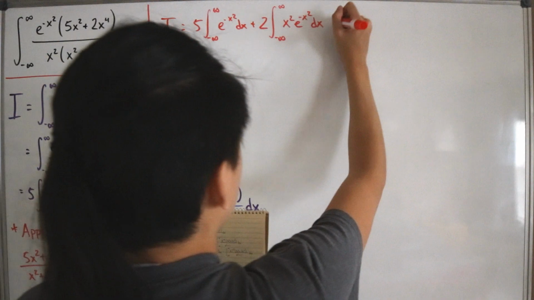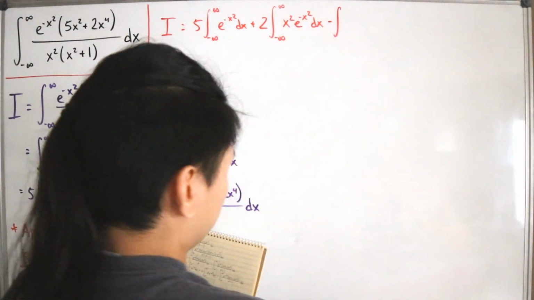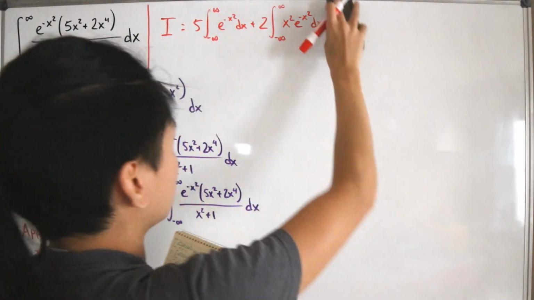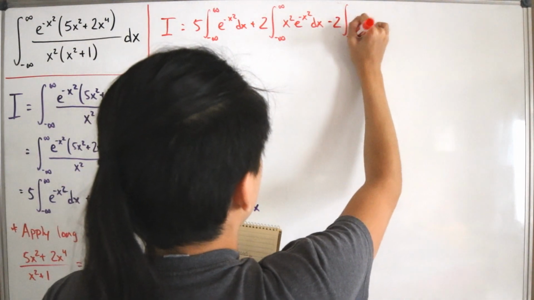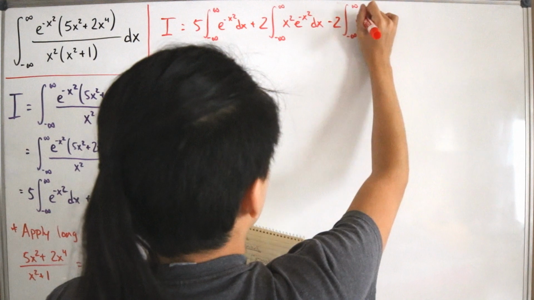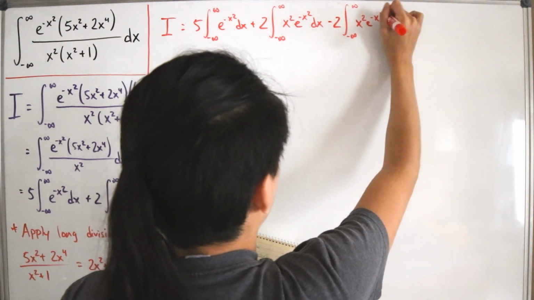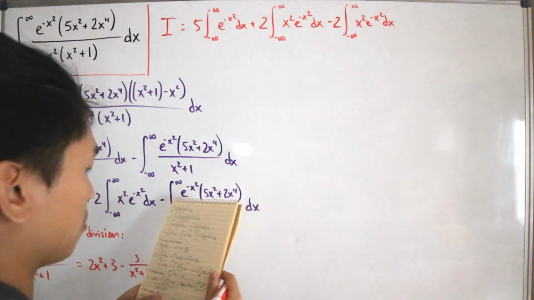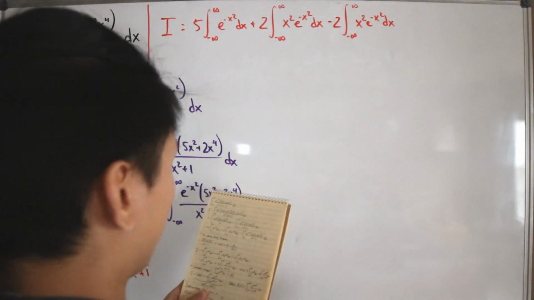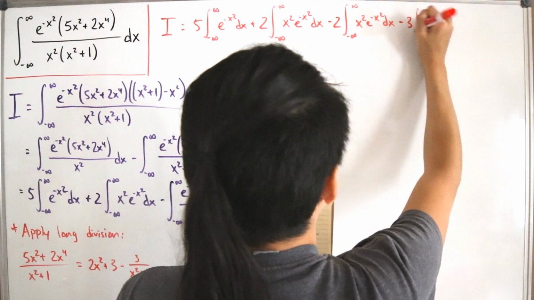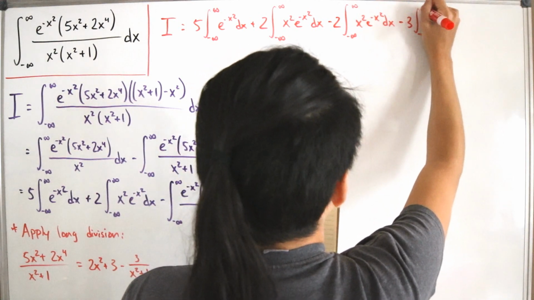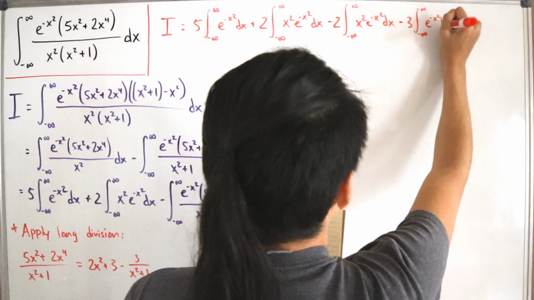Now we'll have a subtraction, and factor out the constant as well, since that's important. So I have 2 times the integral from negative infinity to infinity of x squared e to the negative x squared dx. Continuing forward, this is going to be subtract 3 times the integral from negative infinity to infinity of e to the negative x squared dx.